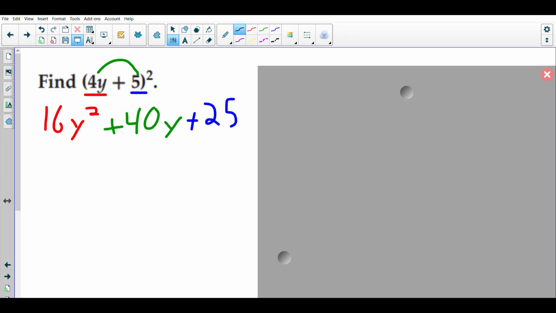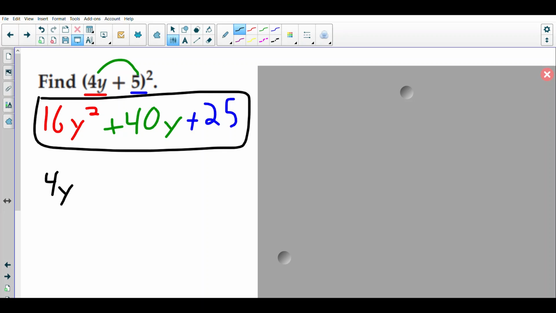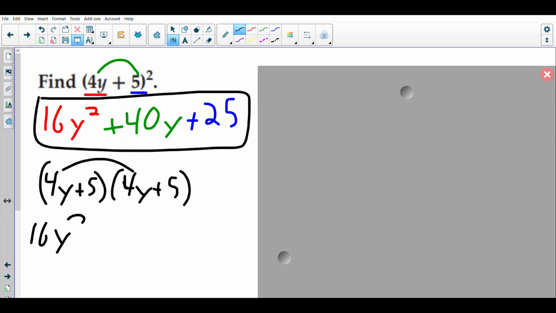If I were to just FOIL, so I'm sure that I'm done, let's go 4y plus 5 times 4y plus 5. I'm just going to FOIL. 4y times 4y, we get 16y squared. 4y times 5, we get plus 20y. 5 times 4y, we get plus 20y.